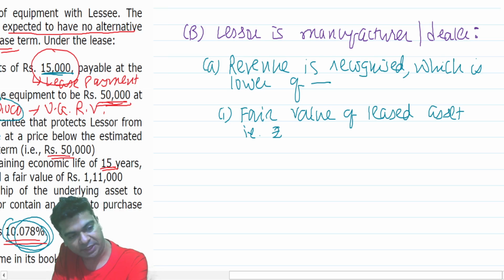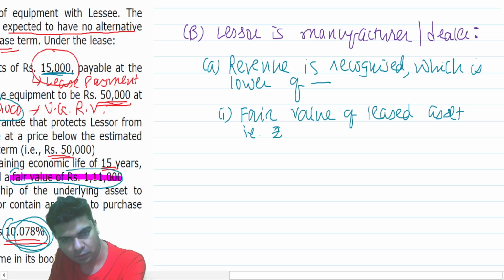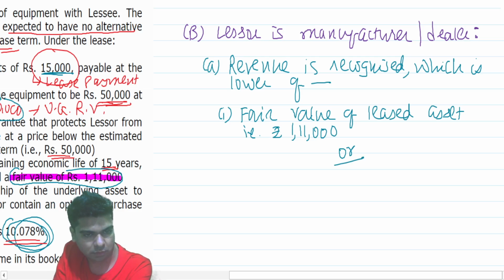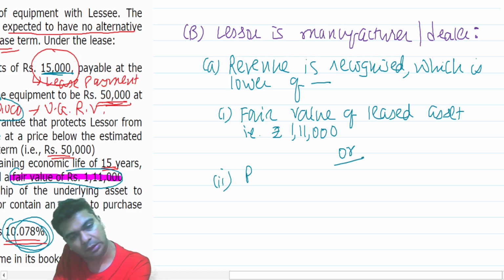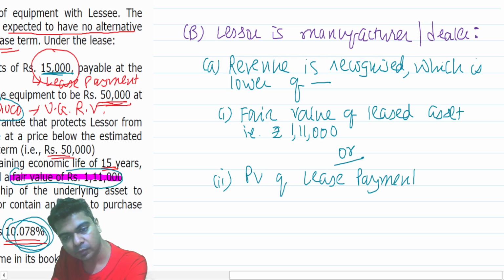If you just read over here, it's clear. Fair value of rupees 1,11,000. Okay. So rupees 1,11,000, or present value of lease payments.